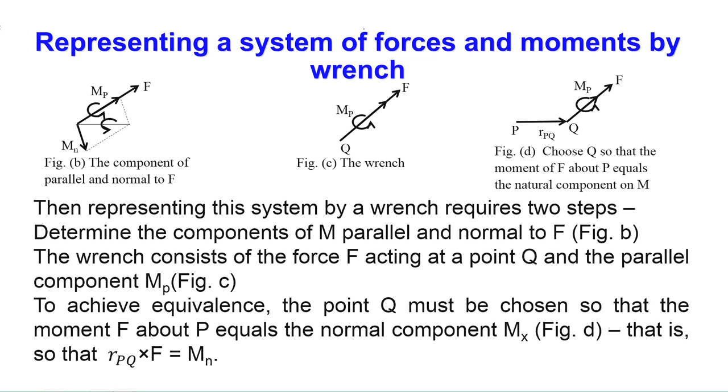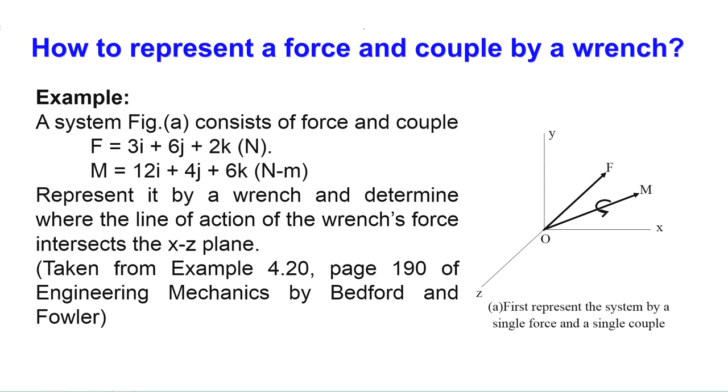That normal component has to be created by the force. So, we have to find such a position where, if the force is applied, we will get that. Actually, this we will explain by one example.